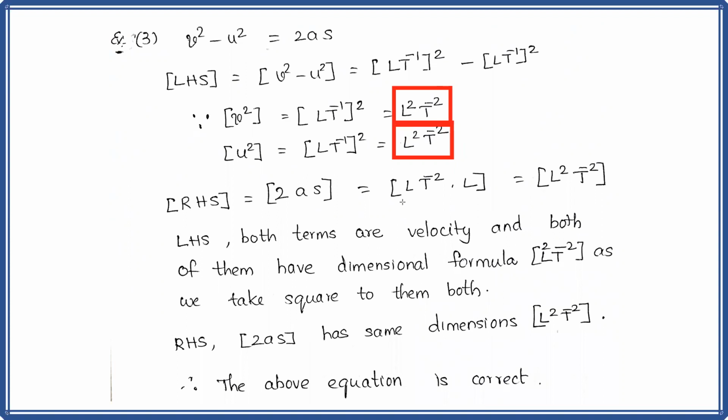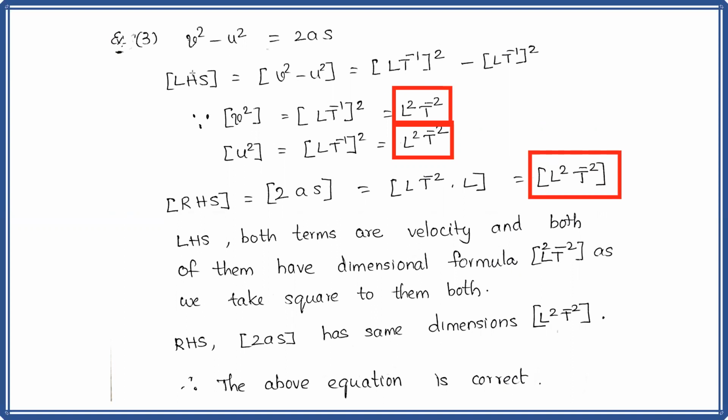Let's take the RHS, that is 2as. 2 is a constant which does not have a dimensional formula, a is acceleration, LT^-2, and s is distance, which is L. Therefore you get L^2 T^-2. RHS also has the same dimensional formula.